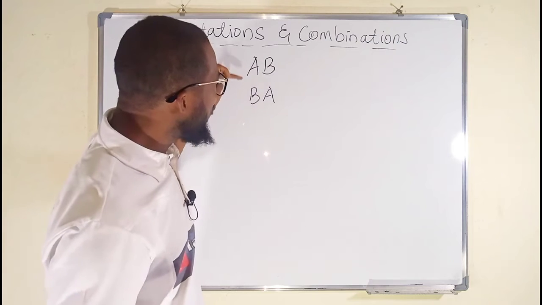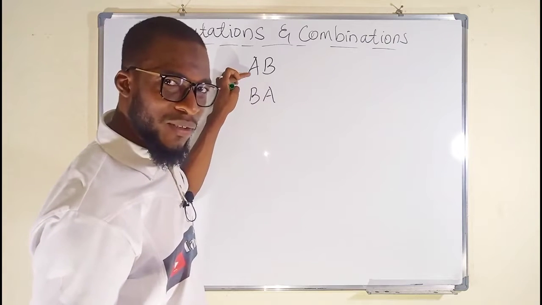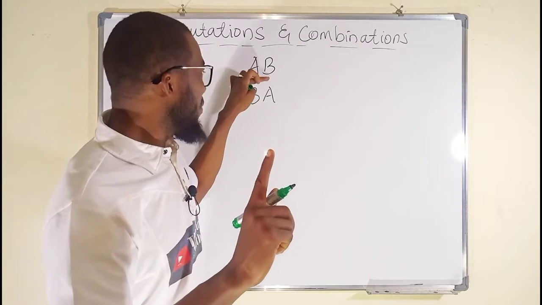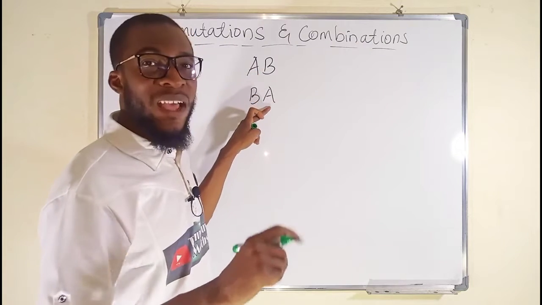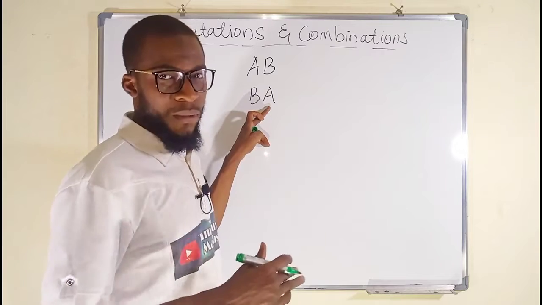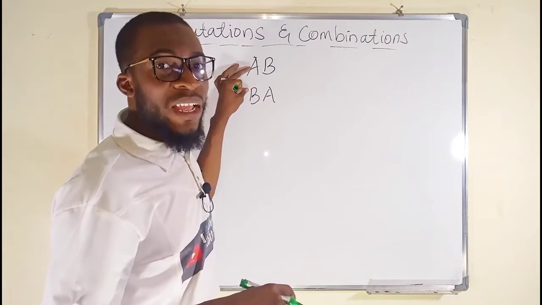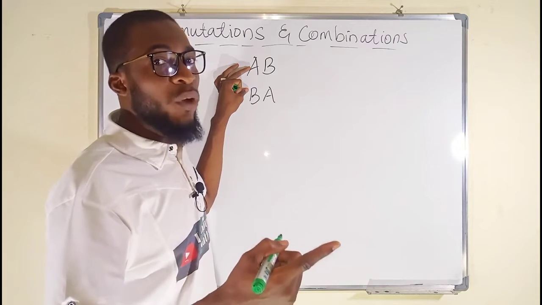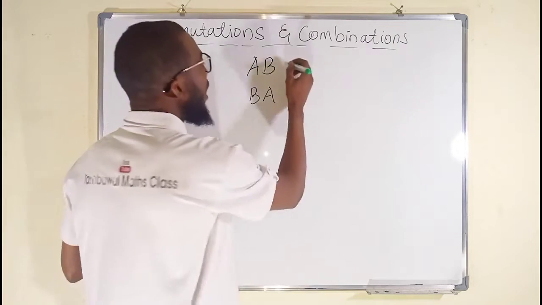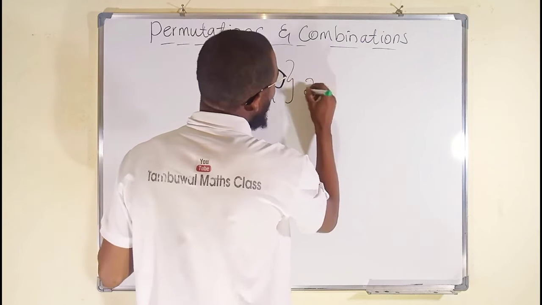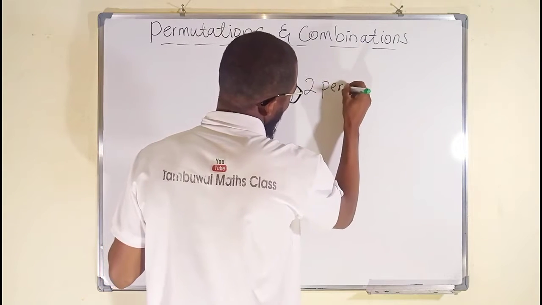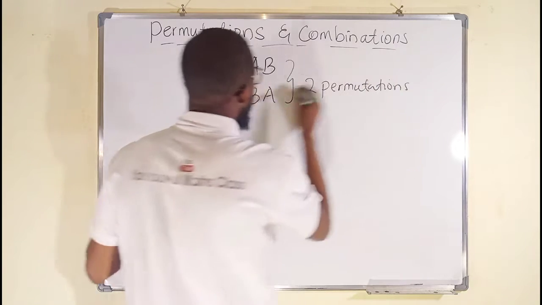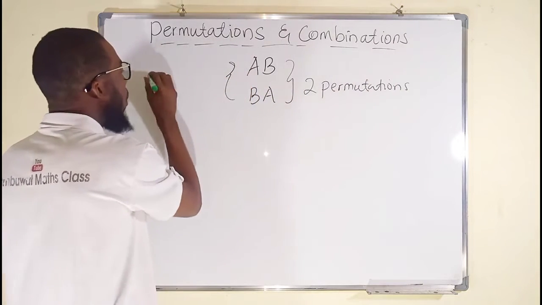Can you see that we have two different arrangements, but a single combination, because AB and BA are all letters AB. So in combination, they are regarded as one, but in permutation, they are considered as two. So we have two permutations here, but one combination.